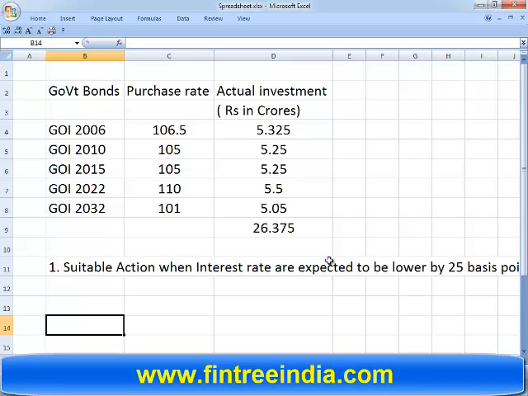Therefore, below that, fund manager should sell GOI, Government of India, 2006 bonds of 5.325 crores and invest that amount of 5.325 crores in GOI 2032 bonds.